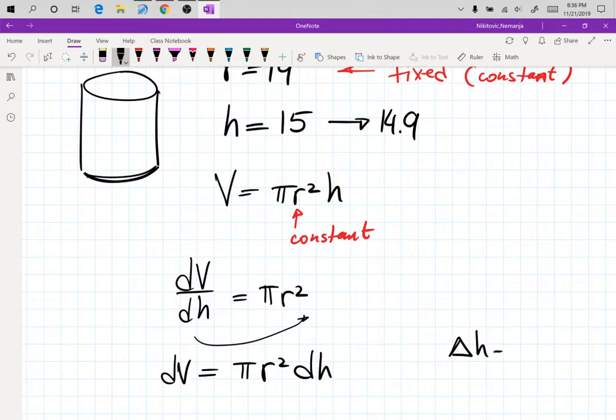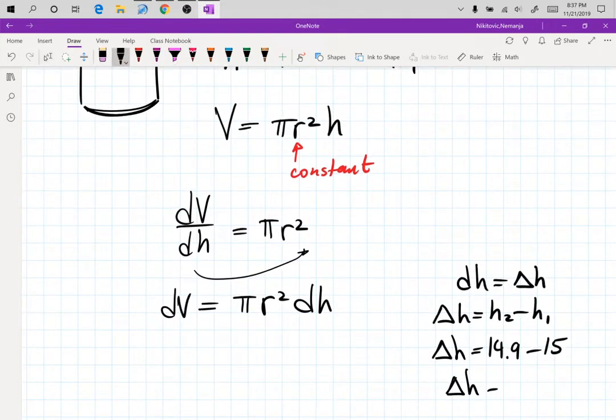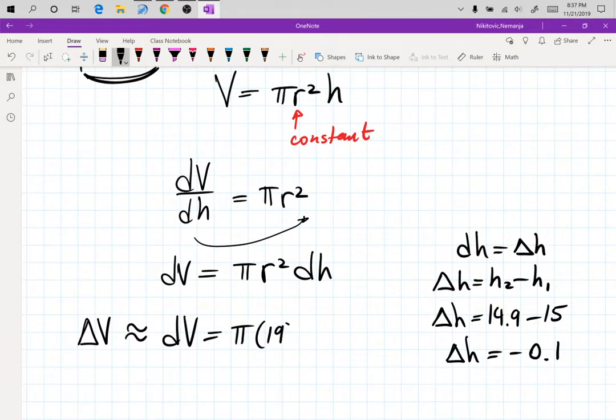We know that dh is the same as delta h, and delta h is h2 minus h1. That's new minus old. New is 14.9 minus old is 15. So delta h is negative 0.1. So the change in volume is approximated by dV, and dV is pi times 19 squared times negative 0.1.